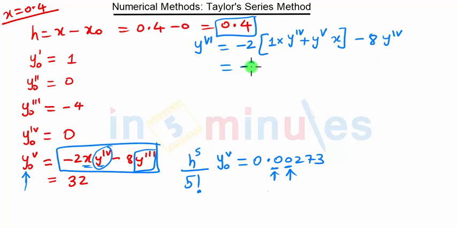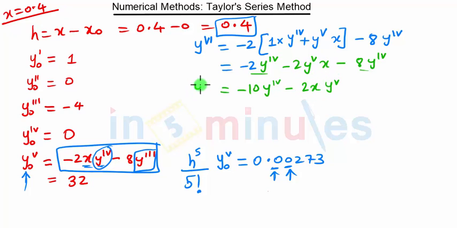So we will have minus 2, I am taking minus 2 inside, minus 2 fourth derivative, minus 2 fifth derivative into x, minus 8 fourth derivative. So this 2 and this 2 will be minus 10 fourth derivative of y, minus 2 into x fifth derivative of y. This is our sixth derivative of y.